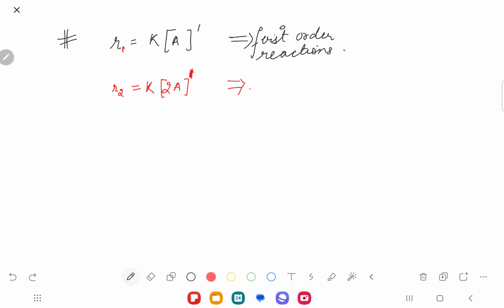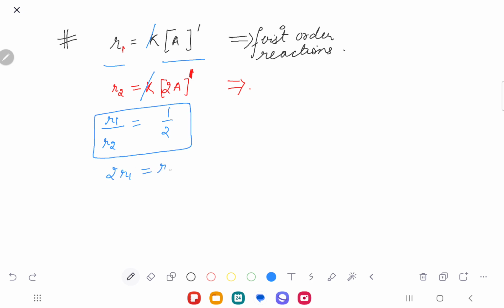If I divide, R1 over R2 shall be, K cancels K, 1 over 2. That means 2 times R1 is going to be R2. I hope you're understanding. Yes, ma'am.